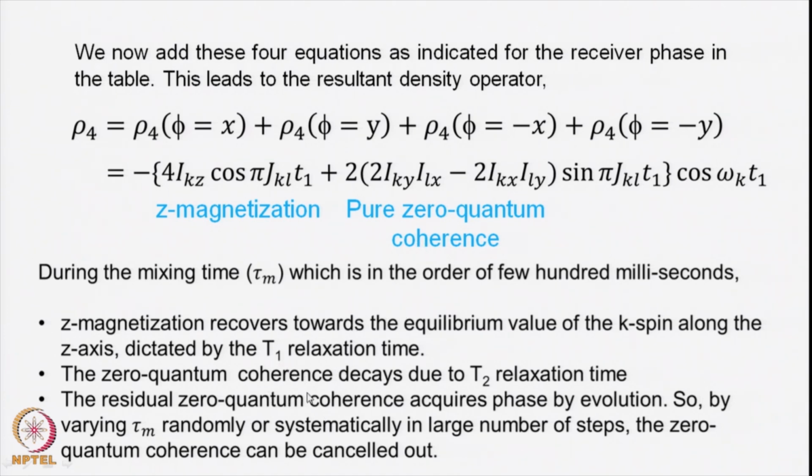We can systematically vary this tau m, the mixing time, over a large number of steps. Suppose you are recording experiments at 200 milliseconds. You record with 190 milliseconds, 195 milliseconds, 200 milliseconds, 205 milliseconds, 210 milliseconds. The average still remains 200 milliseconds, but just around that number you vary the mixing time to a certain degree.